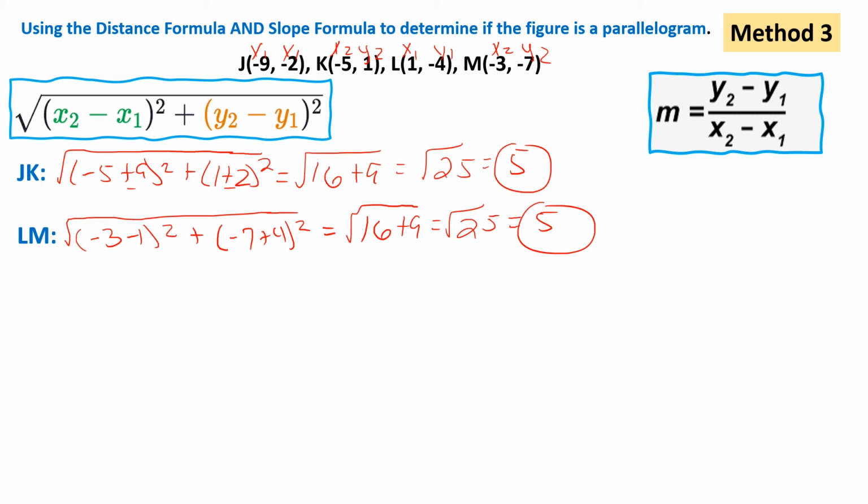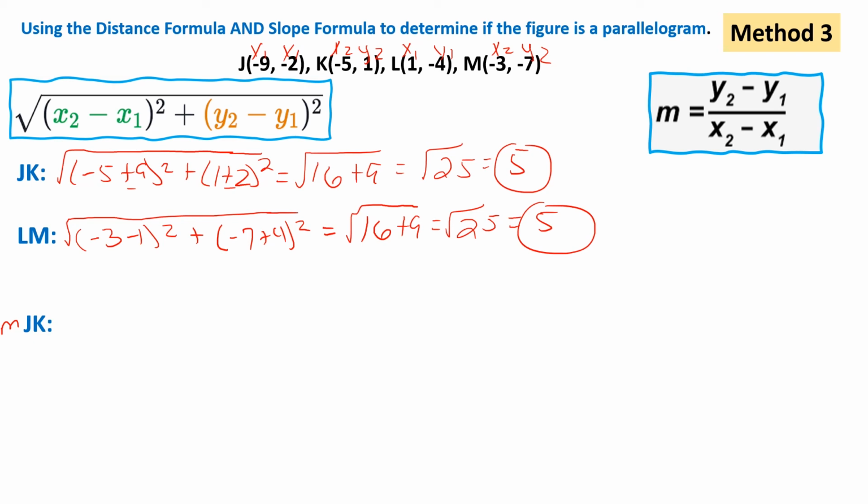I'm going to use the same sides to see if they are also parallel. So JK, using that again. And I already have it labeled x1, y1, x2, y2. So I'm using the slope formula.